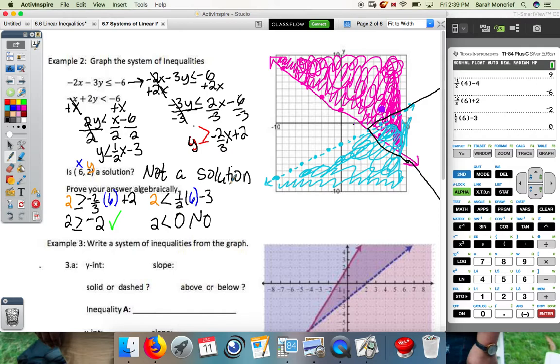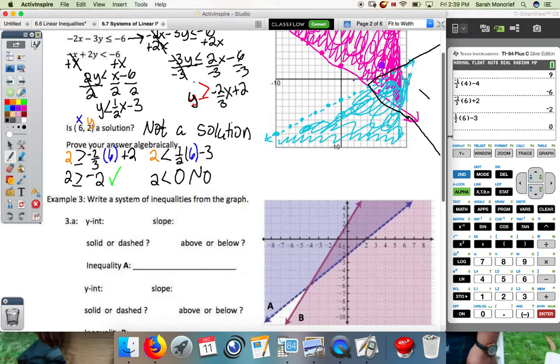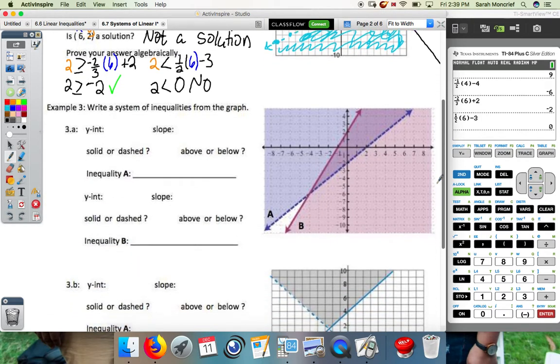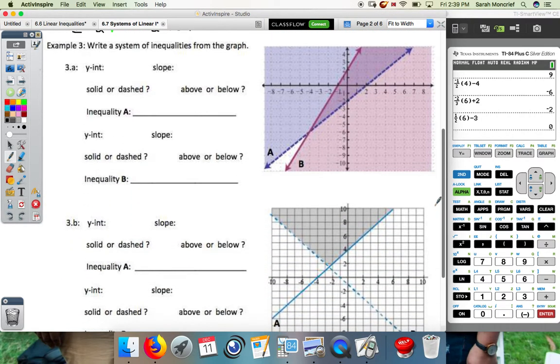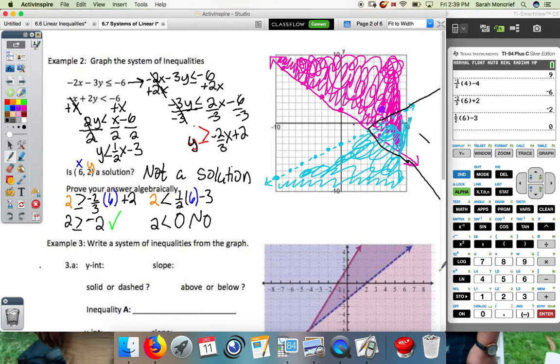All right, now let's go to example number 3. So example number 3 is writing a system of inequalities. Oh, also, before we move into example number 3, when it gets to problems like example number 2, today in your lesson and in your BellWorks and anywhere else, you have to send your teacher pictures of your graph. So you will do them on paper the best you can. We're not looking for ultimate artistic ability.